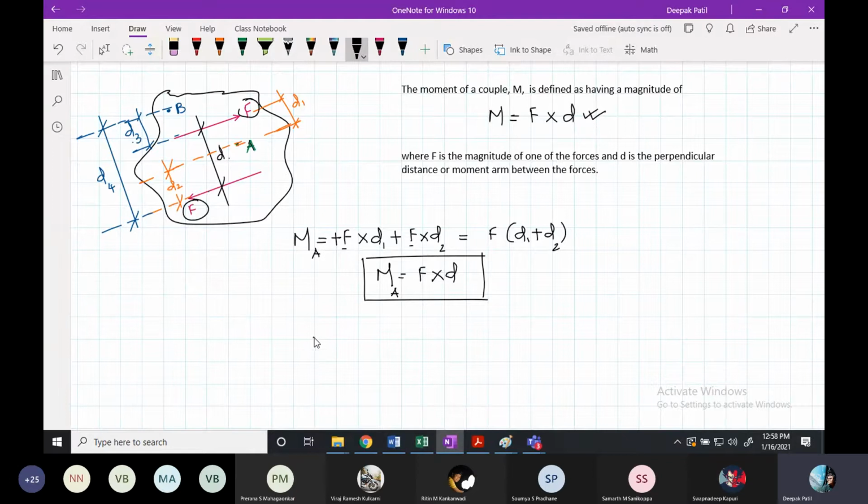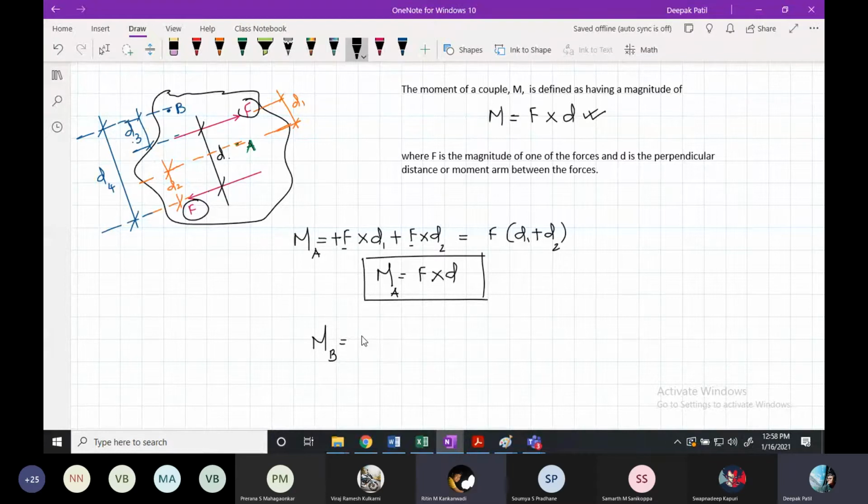Now I will try to find what is the net moment at point B because of those two forces. First, let me find what is the moment at B because of this force. Let me ask myself whether this force F at point B will cause clockwise movement or anti-clockwise movement. Can anybody tell me?